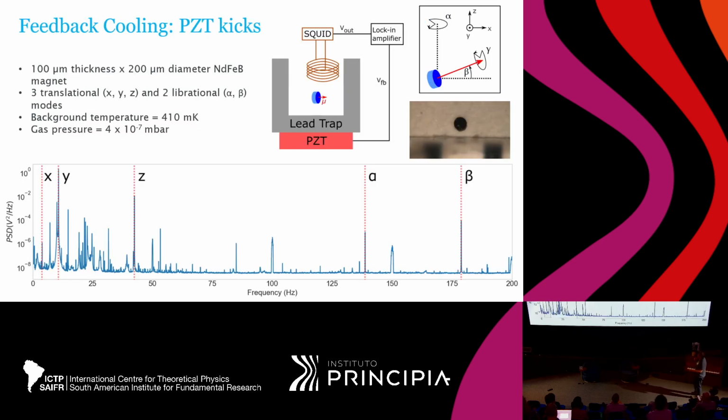Just maybe here to give you some more details. This is a typical spectrum which you see, and I have indicated here X, Y, Z, and alpha and beta modes of rotation, and we can also feedback cool the center of mass motion and also the rotation by acting mechanically with the piezo.